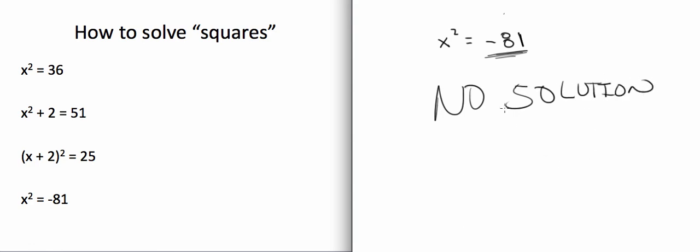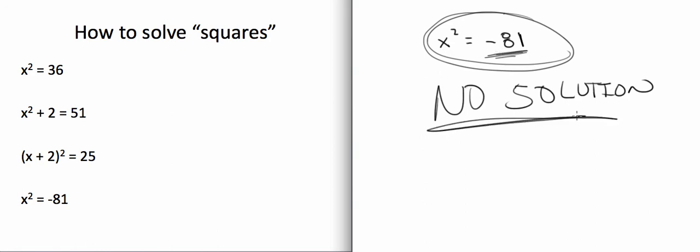And the reason for this is because there is no way that we can get any two numbers to multiply to equal a negative number. Alright, so I repeat, anytime that we see something where the x squared is by itself with a negative number on the other side, you don't have to do any calculations, you can just write no solution.